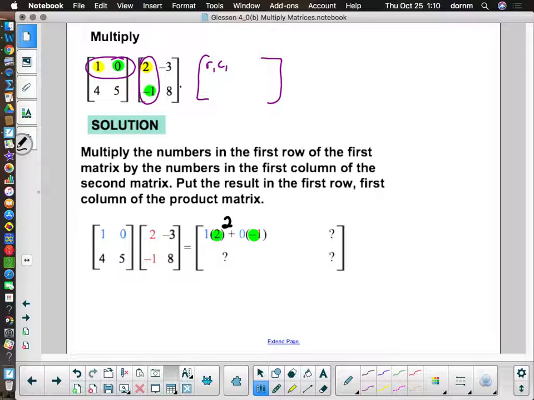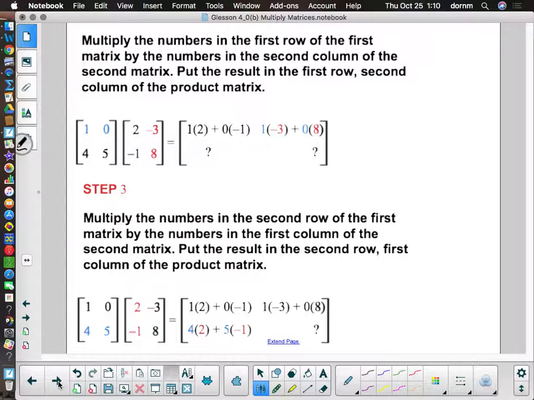Let's move on to the next element of this multiplication. To get the information in row 1, column 2, I'm going to have to do row 1 times column 2. So again, I'm going to take the first times the first, 1 times -3, plus the second times the second, 0 times 8.